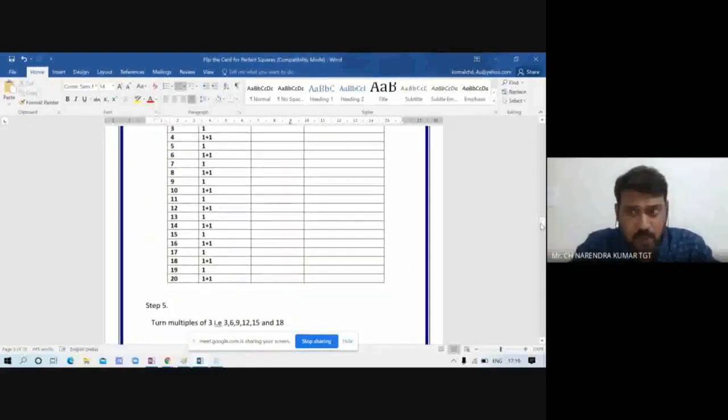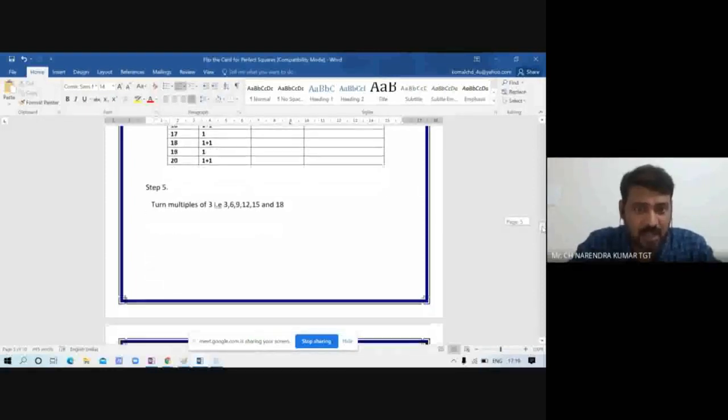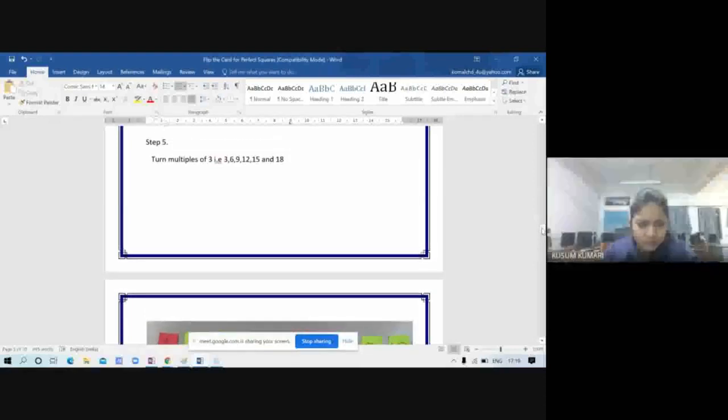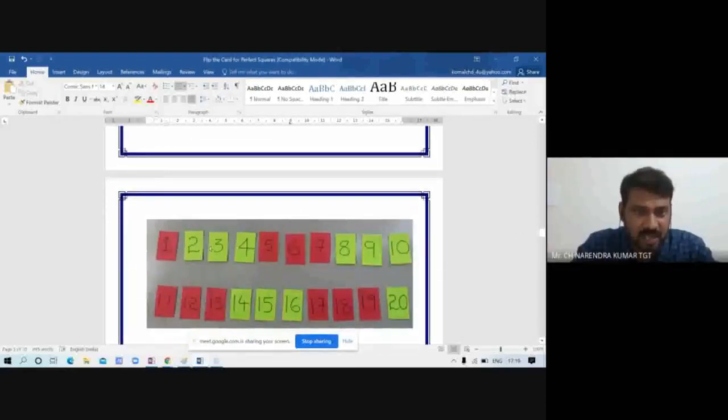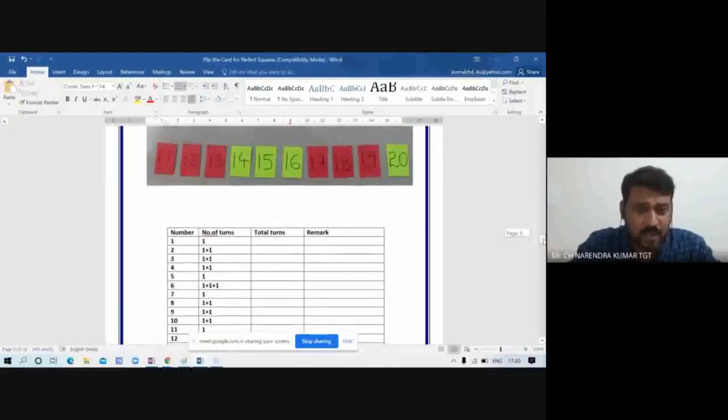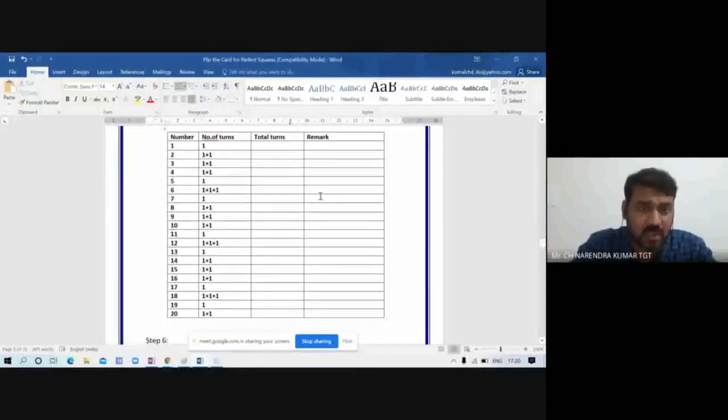After 2, it's now turn 3. What are the multiples of 3? 3, 6, 9, 12, 15, 18. I am turning those, you see. Like that, you have to continue this for all the numbers, ma'am, and you have to note down the turns. What are the numbers that are getting turns?